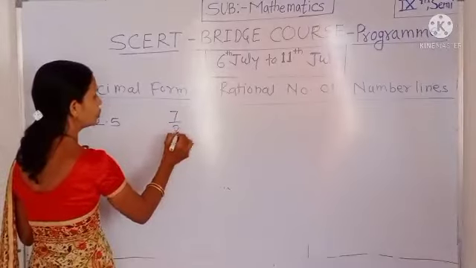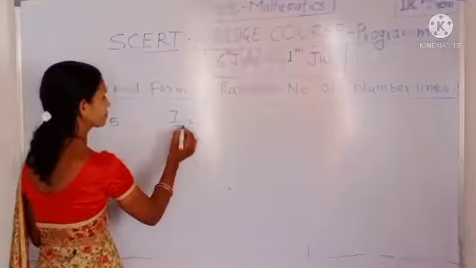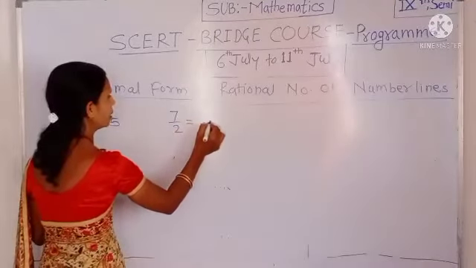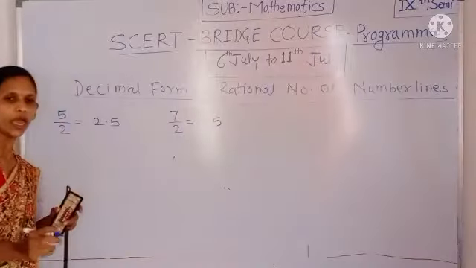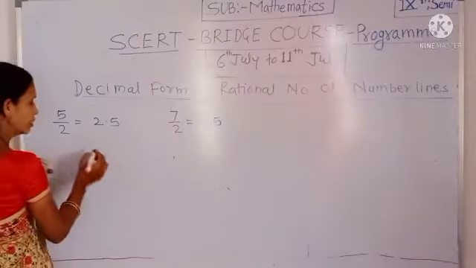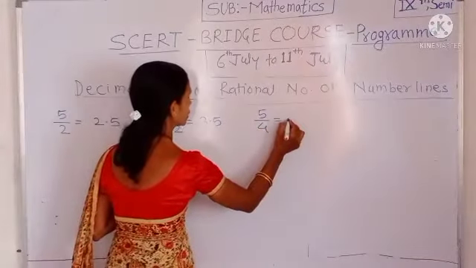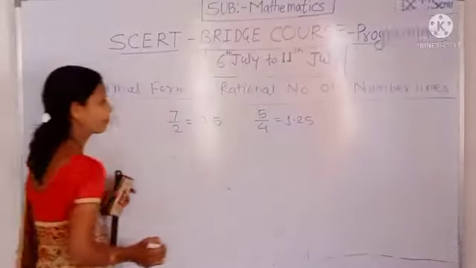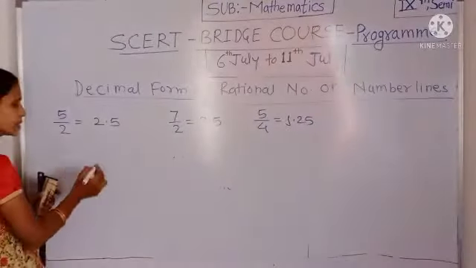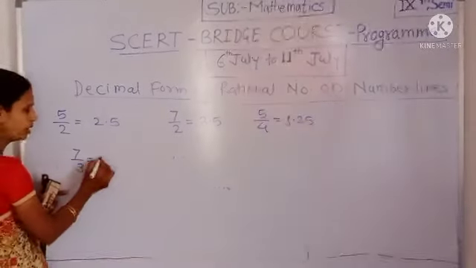Like that, 7 upon 2 can be written as 3.5. As well, 5 upon 4 is 1.25.